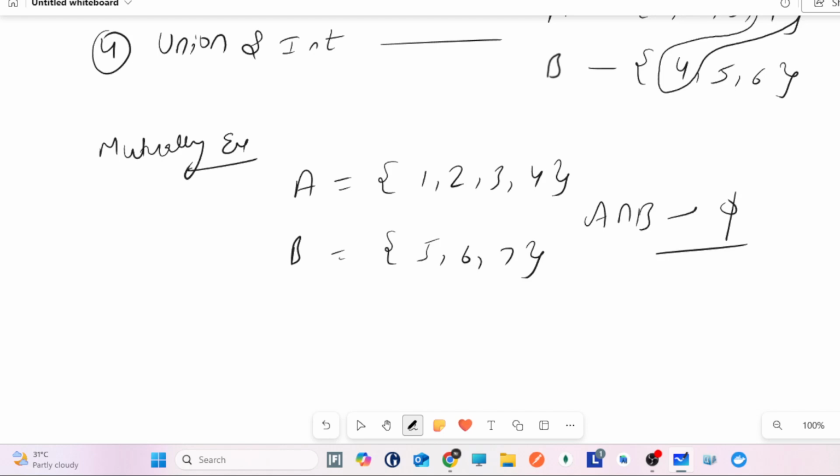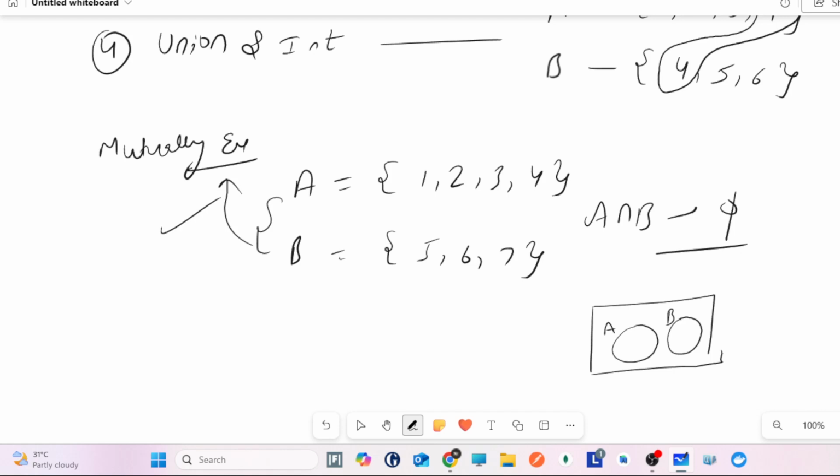Whenever the intersection is empty, those events are mutually exclusive events. If you draw a Venn diagram like this, this is event A and this is event B, and there is no common portion. These two events are disjoint. So these two sample spaces are known as mutually exclusive events, right?